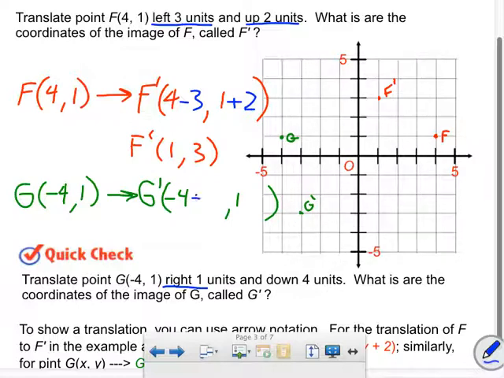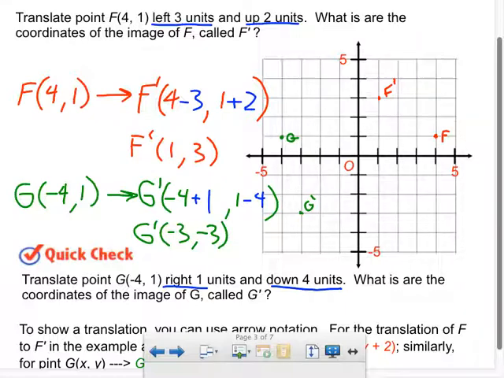I'm going to add 1, okay? And then it said down 4. So what am I doing to my y coordinate? -4. Okay, so that gave us back the point for G prime, which was, what's -4 plus 1? It's -3. And then 1 minus 4 is what? -3. And isn't that the value of G prime?